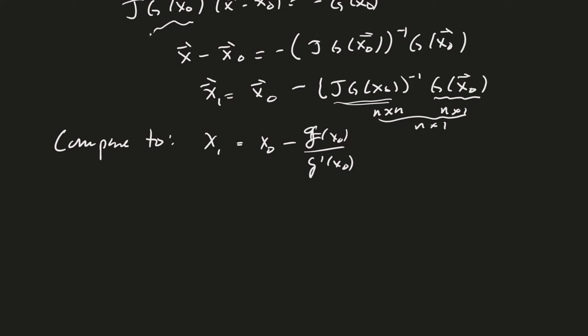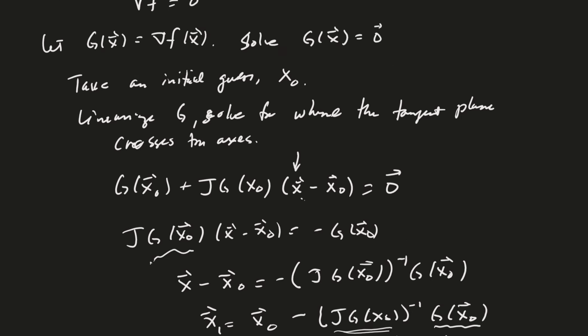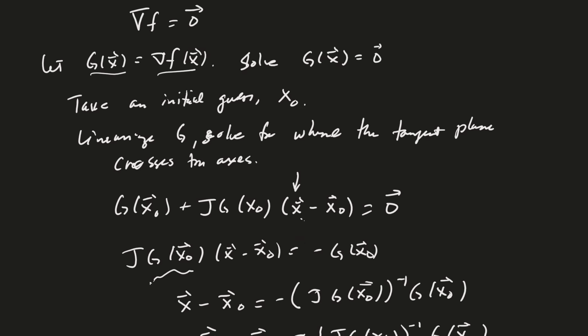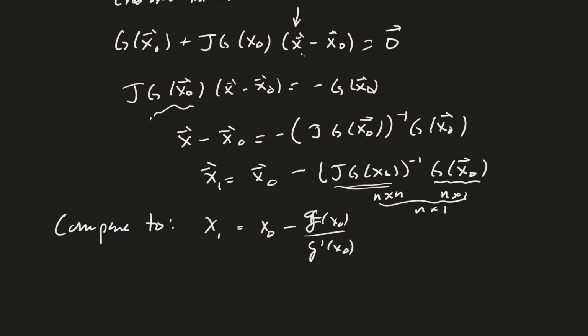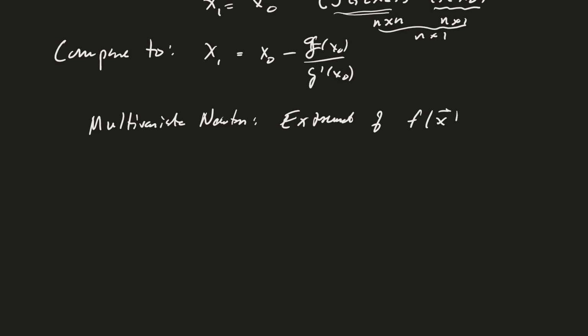What is the formula in terms of our original function f, right? Because we said that g was equal to the gradient of f. Well, so multivariate Newton, we're looking for the extrema of f of x, right?